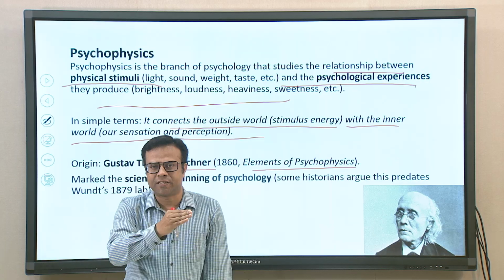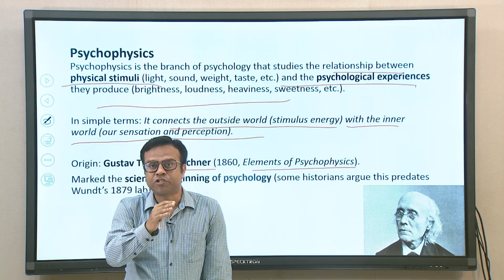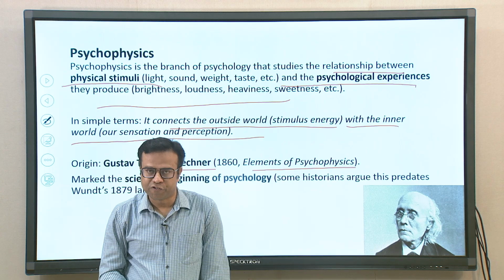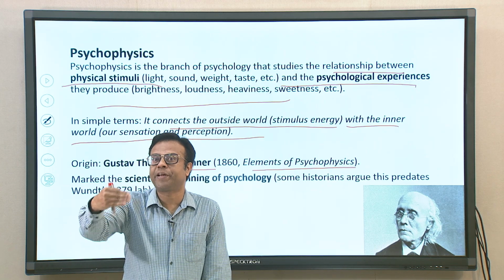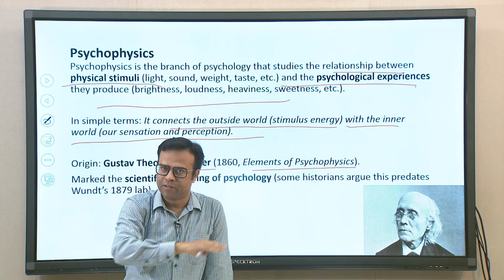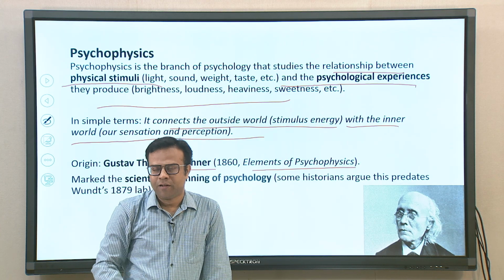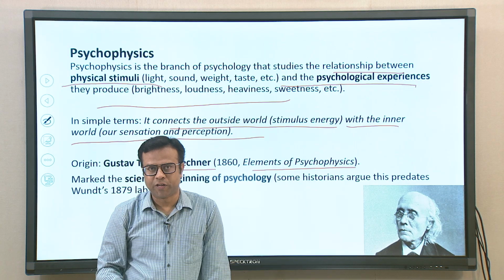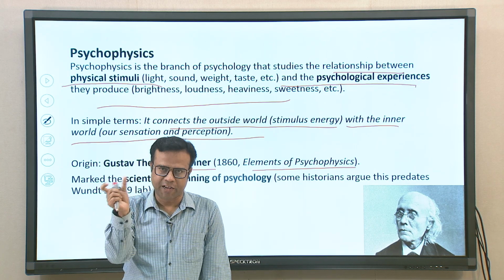It even predates Wilhelm Wundt's 1879 laboratory of psychology, which is generally marked as the beginning of scientific psychology. Some say Fechner was a little ahead of that. Even before that he published, and that could also be called the real beginning of scientific psychology.